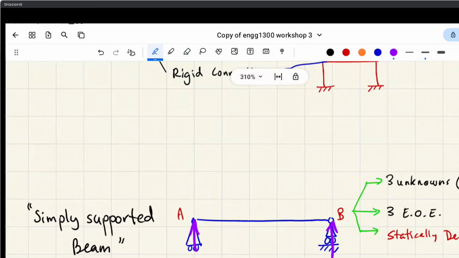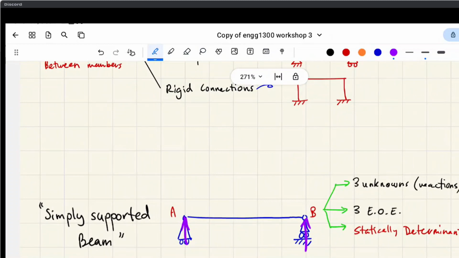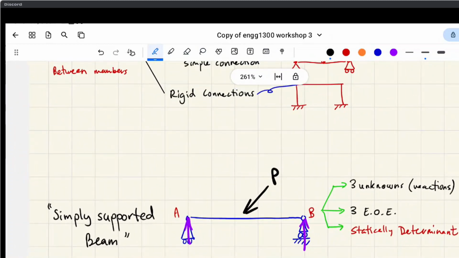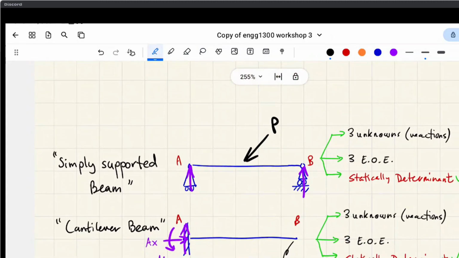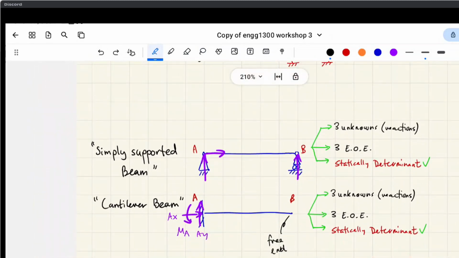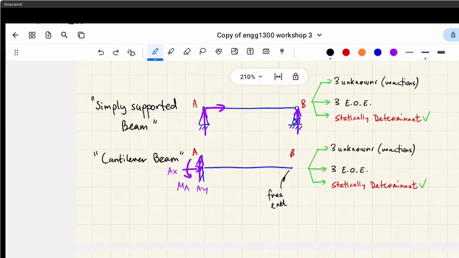Now we only have two unknowns, but once we apply an external force, say like diagonally, well, now it's going to start moving, right? Which kind of defeats the purpose of a structure, right? So that means it's unstable. Anyway, but that's not the case with our simply supported beam and cantilever. Yeah, so those just have specific nicknames because they come up so much, but those are essentially structures that you'll see next lesson a lot.